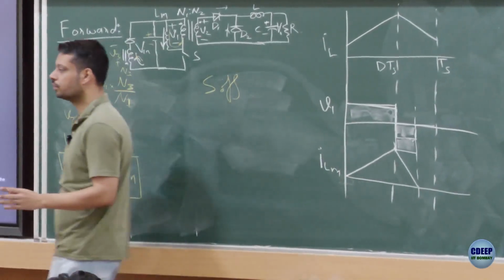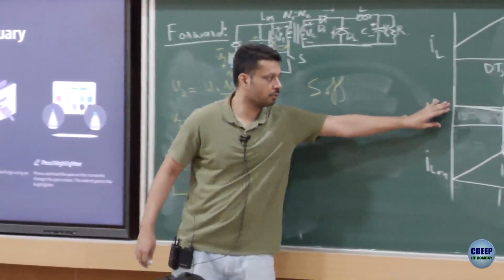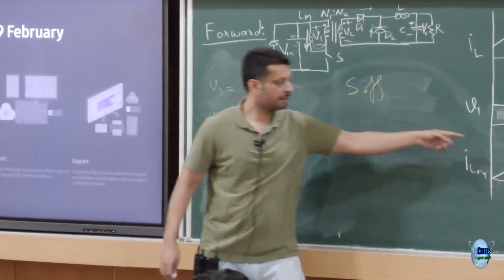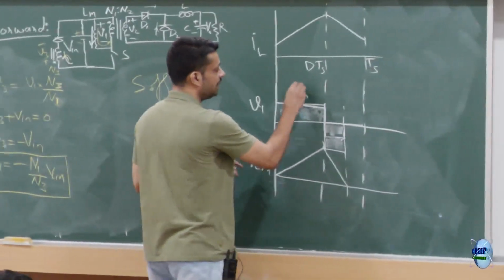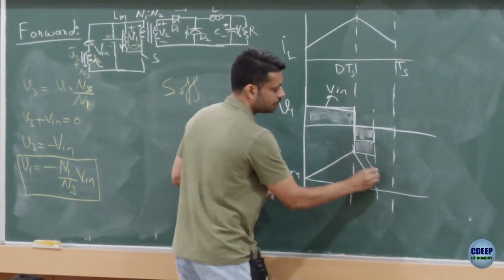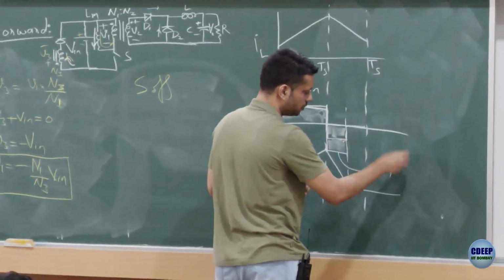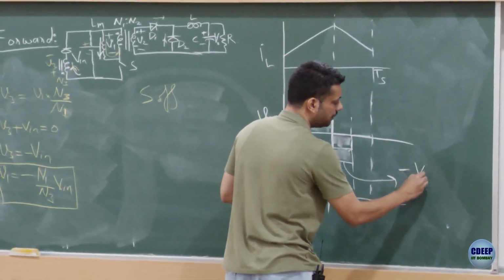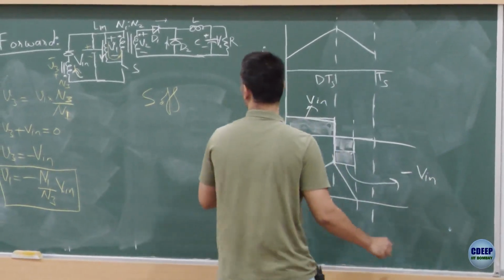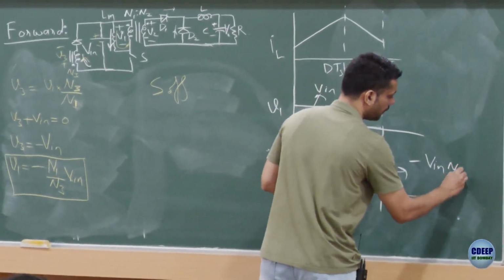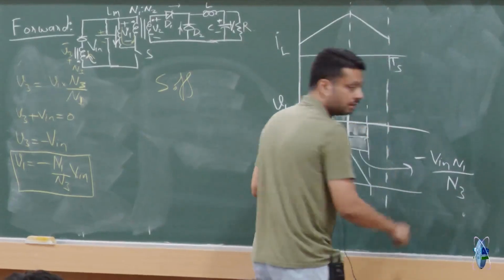You get the point. So I am saying, fine, positive voltage Vin will apply, and the negative voltage magnitude is, yeah, minus Vin into N1 by N3, right?